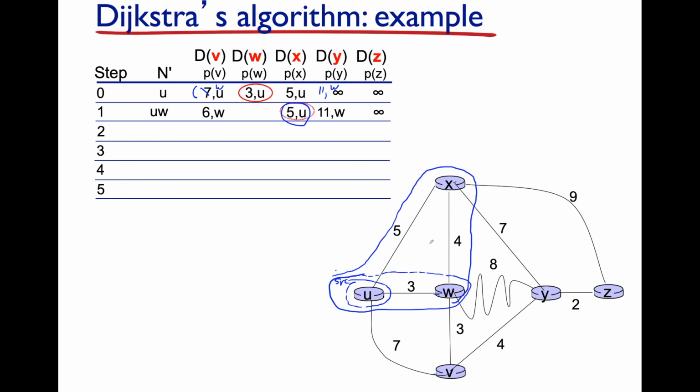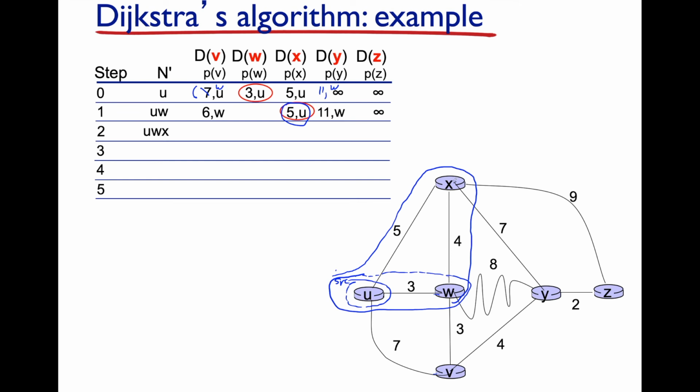So for node X, we look at node X's neighbors. Well, its neighbors are W, U, Y, and Z. Well, W and U are already in the least cost path, the blob already consumed. So what's left is Y and Z. So if we consider Y, well, the distance vector to Y was 11 going through W. That's this path.